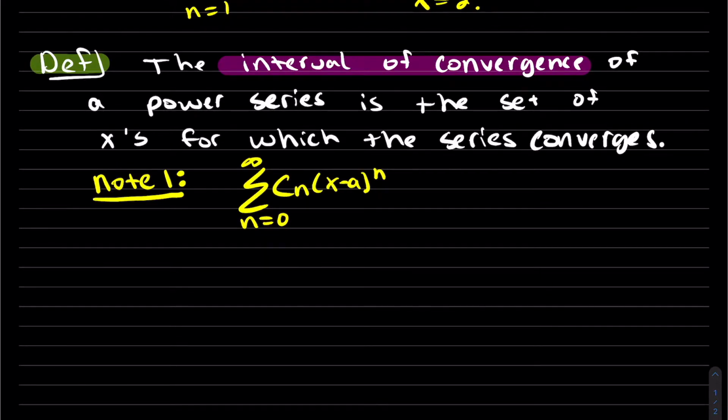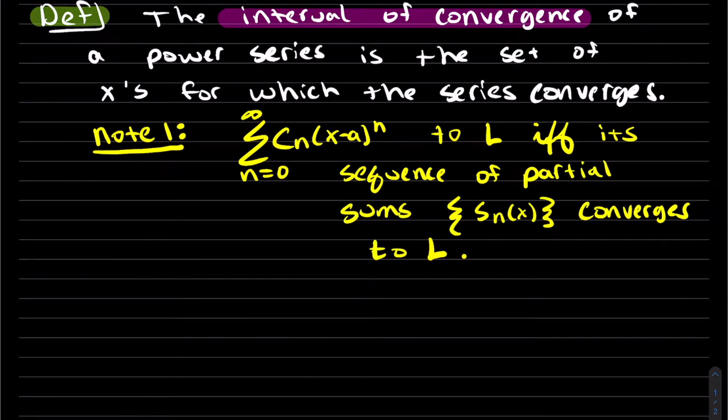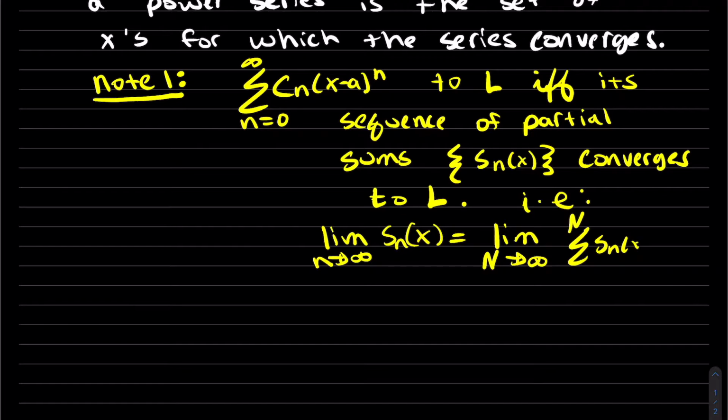So this converges to L if and only if its sequence of partial sums converges to L, i.e., in other words, the limit as n goes to infinity of Sn of x is equal to the limit as n goes to infinity of Sn of x.